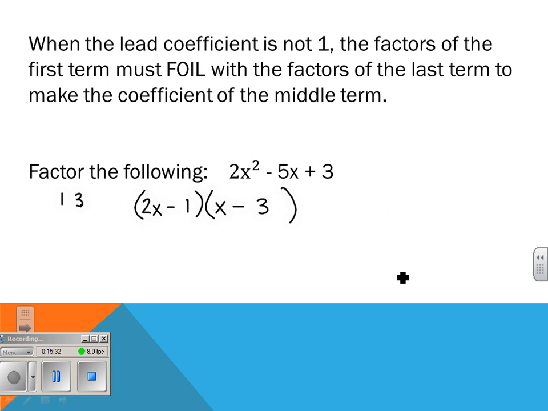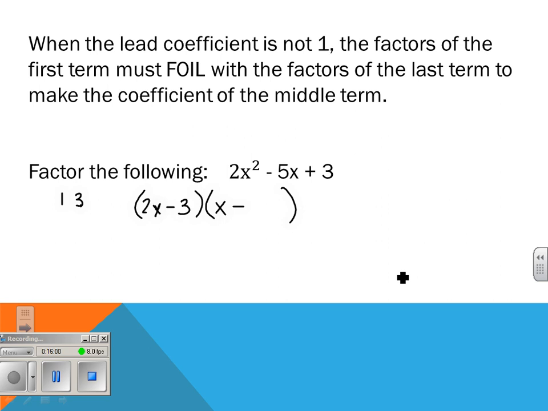So the positive 3 is there, the 2x squared is there, but what does your in and out make? We get negative x inside, negative 6x outside. Those two are going to combine together to make negative 7. That is not what we're looking for. So they're in the wrong spot. If that's the case, take them back out and switch them.